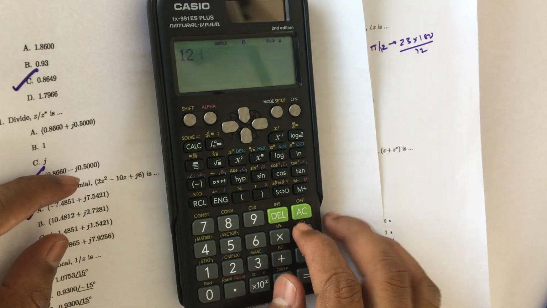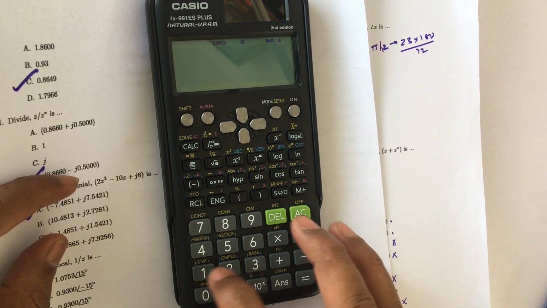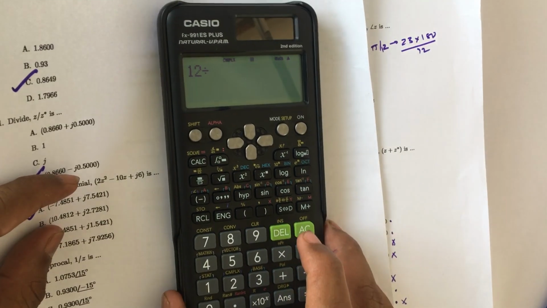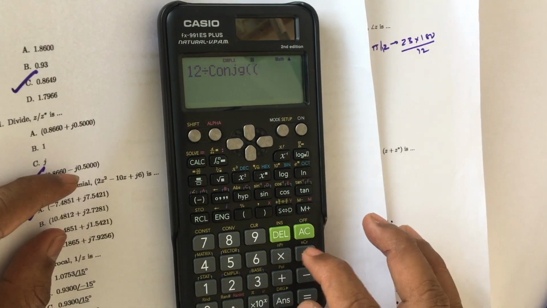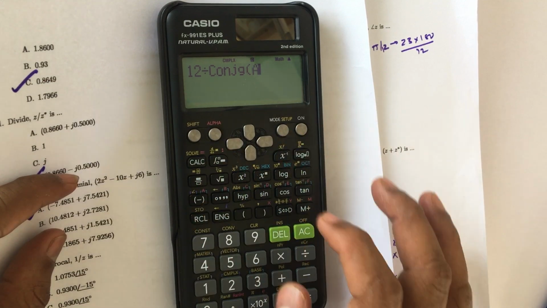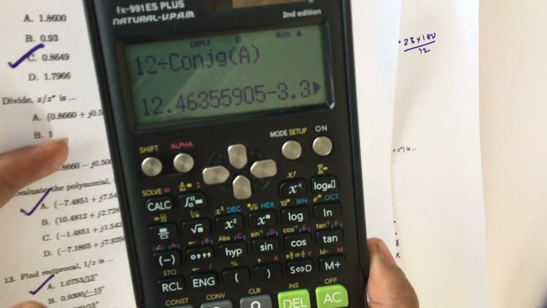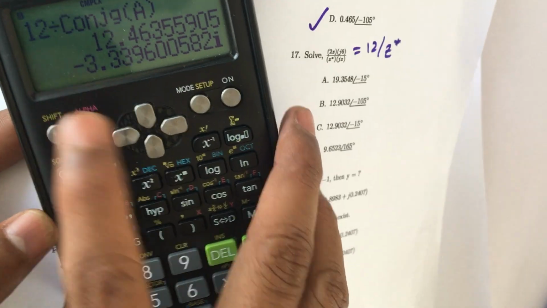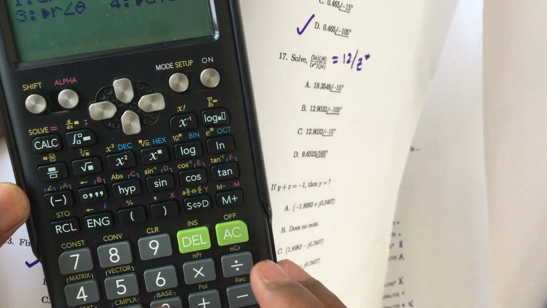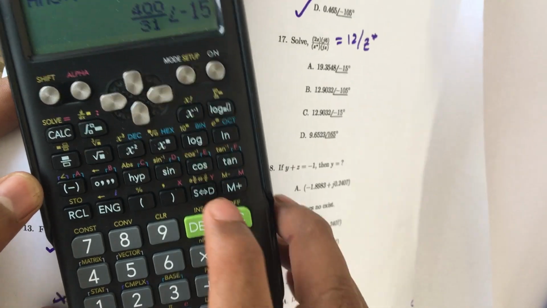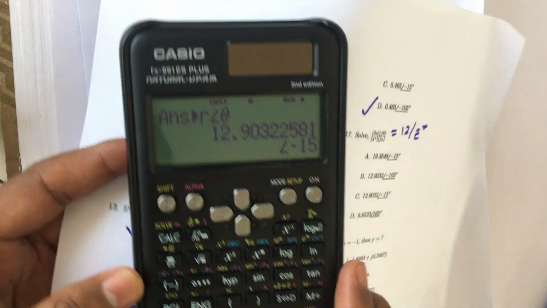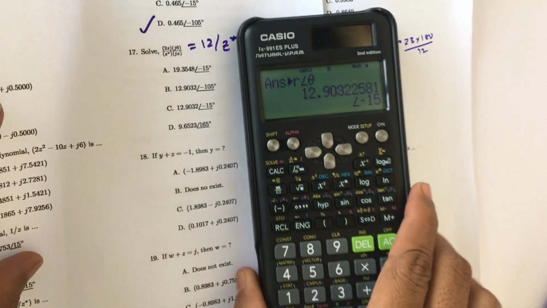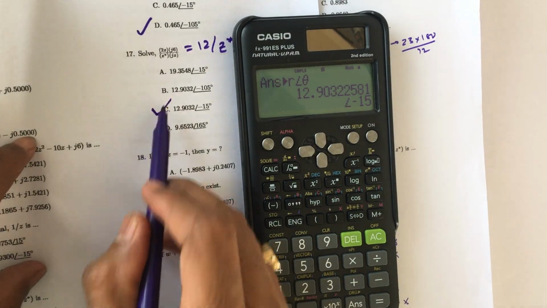So I'll say 12 divided by conjugate of A. This is the answer. Again I'll change it to r and theta: 12.9 angle minus 15 degrees. That matches with C.